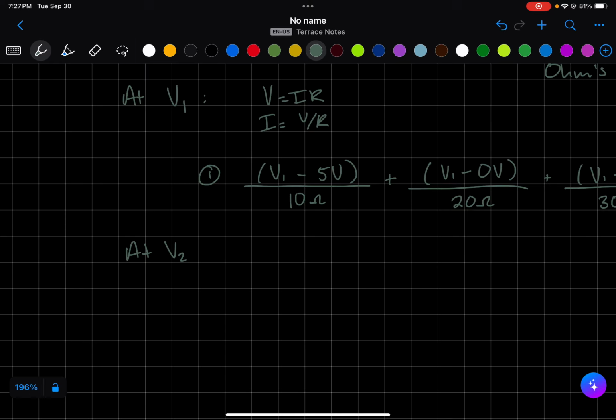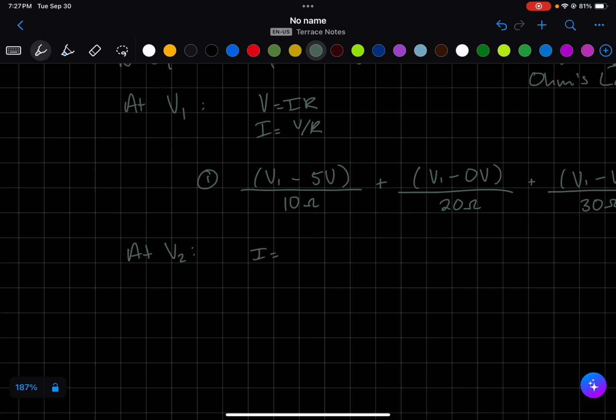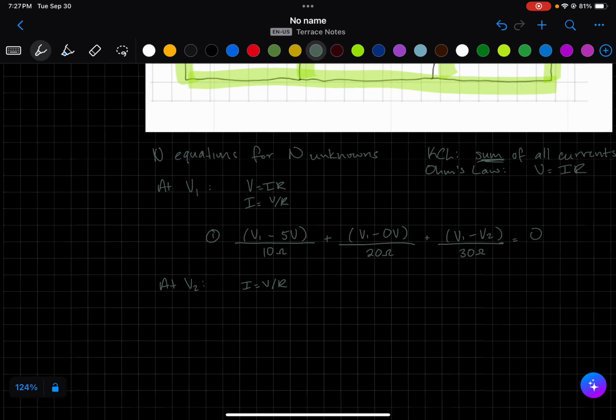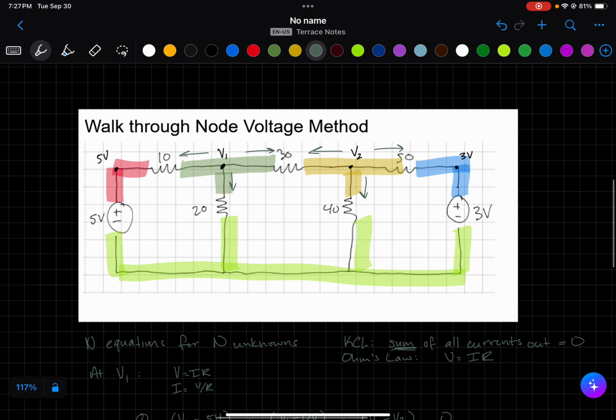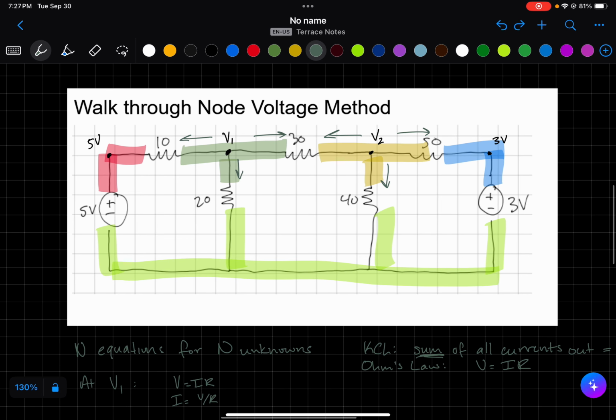So at V2, again, we'll be using I equals V over R. Alright, so we're going to look at this side first. V2 is going across the 30 ohm resistor to V1.